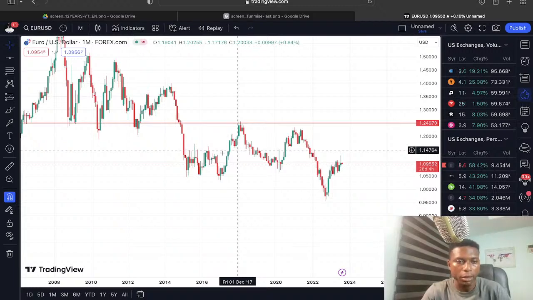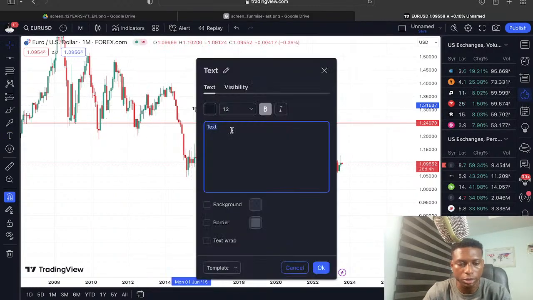I call it the top to bottom approach, and it can also be called multiple time frame analysis. So, top to bottom approach with multiple time frame analysis.